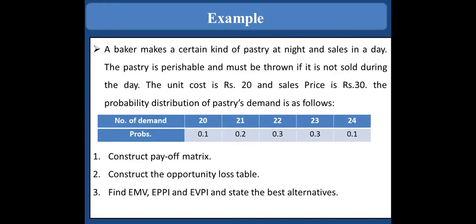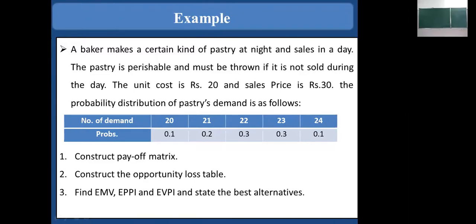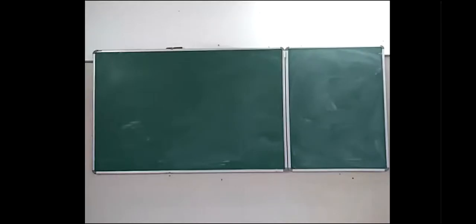Okay, so let us try to solve this question practically so that you can understand this very easily. Basically in this question only one piece of information is given, that is the number of demand and its respective probability.